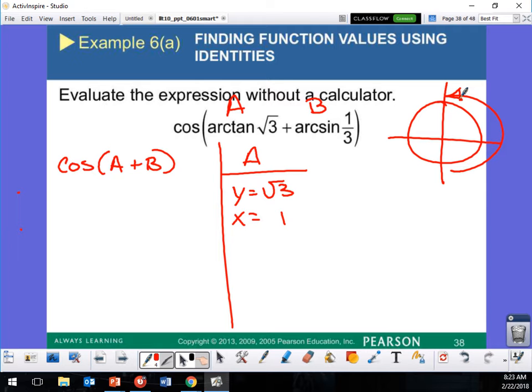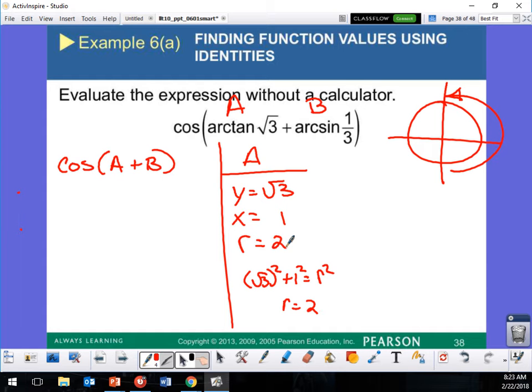Quadrant 1. Quadrant 1's the only one that's going to work out, right? So that's going to be quadrant 1. So my r value is what is missing. So Pythagorean theorem, rad 3 squared plus 1 squared equals r squared. So that's going to be 3 plus 1 is 4. Square root of 4 is? 2. So r is 2.